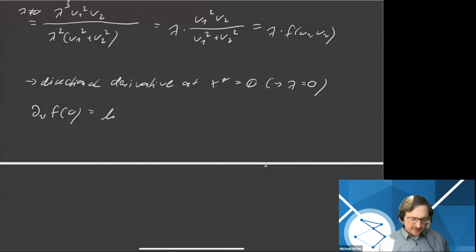That means we're taking the limit as λ tends to 0 of the function evaluated at λv1, λv2, some point on the line specified by the parameter λ, minus the function value at 0, so f(0), and we'll divide that by λ.